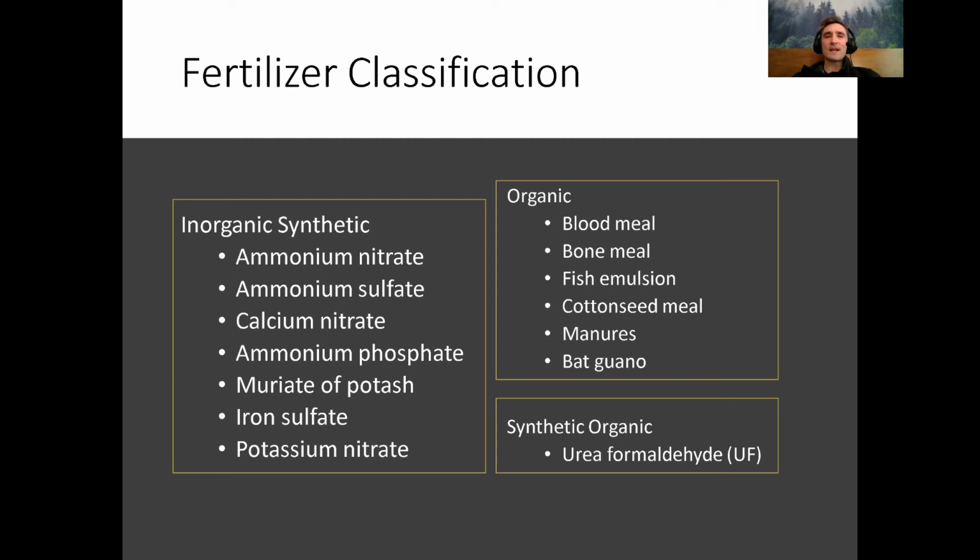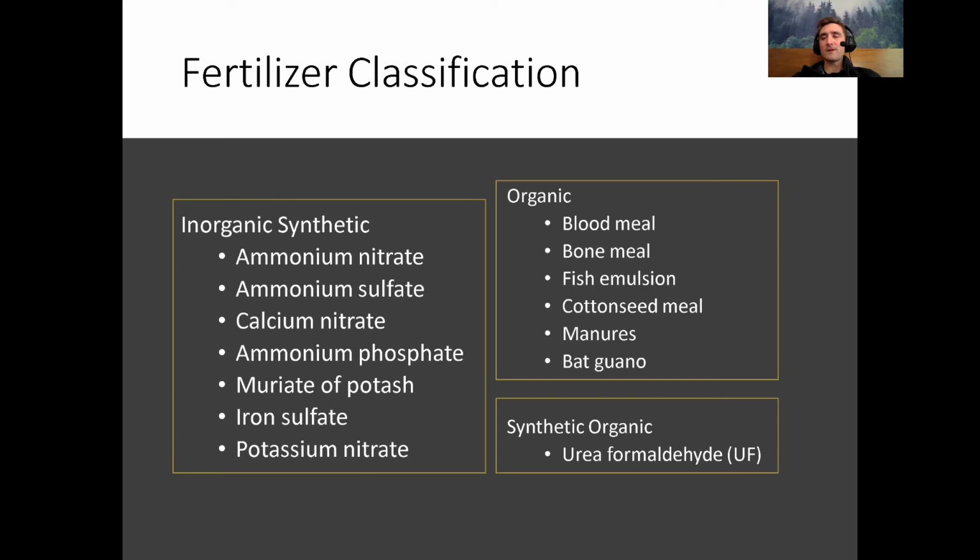Now, when we have organic fertilizers, these are things like blood meal, bone meal, fish emulsion, cottonseed meal, manure, and guano, which comes from birds, and a lot of times comes from bats as well. So that doesn't necessarily mean these are healthier for you.